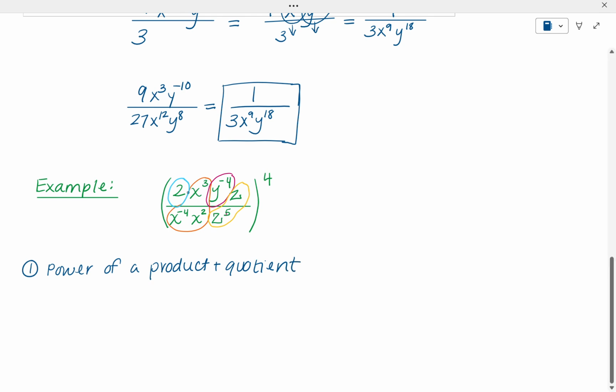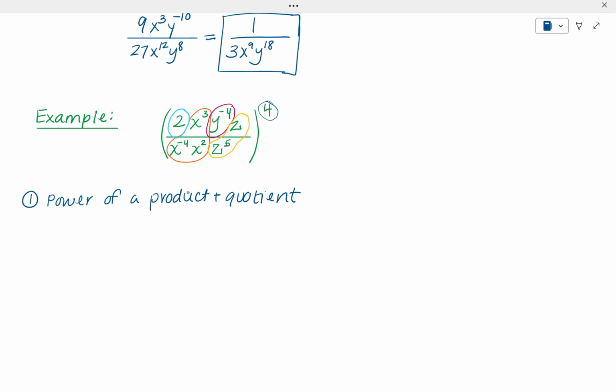So what we mean by that is we could first distribute this 4 to all the exponents. So remember that when we have this 4 outside of the parentheses, we have to multiply each of the existing exponents by 4.